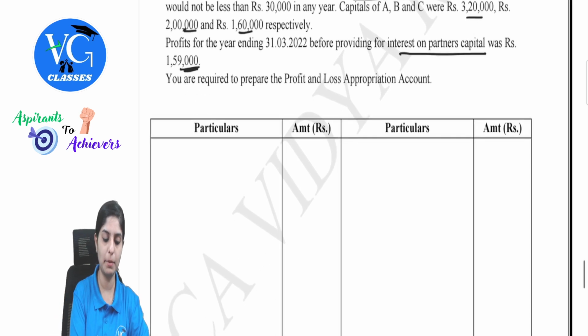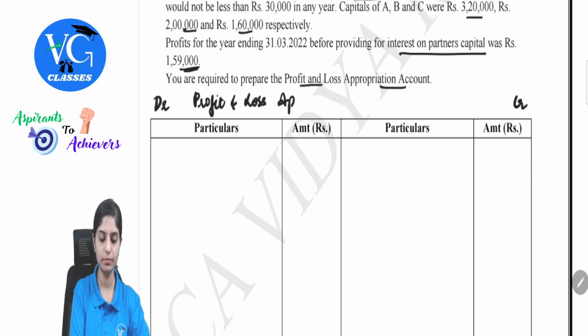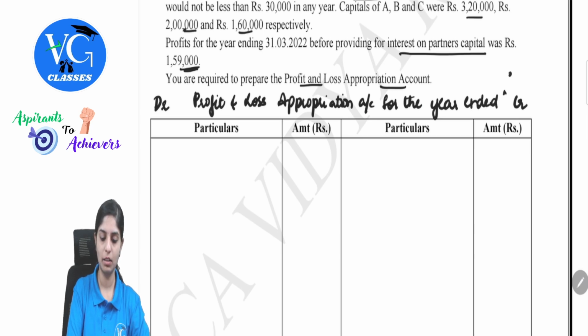So let's prepare profit and loss appropriation account for the year ended 31st March 22.